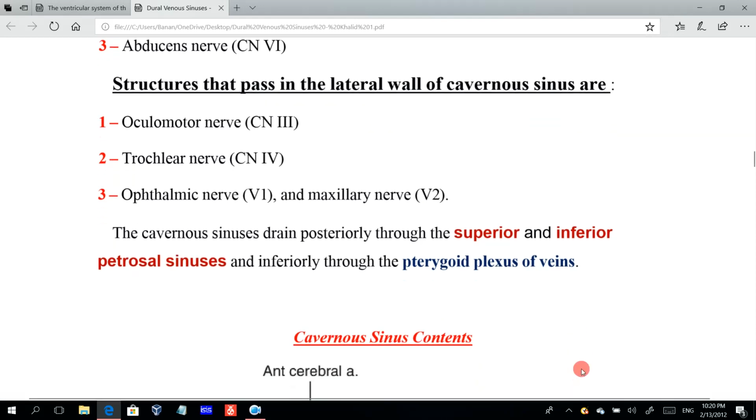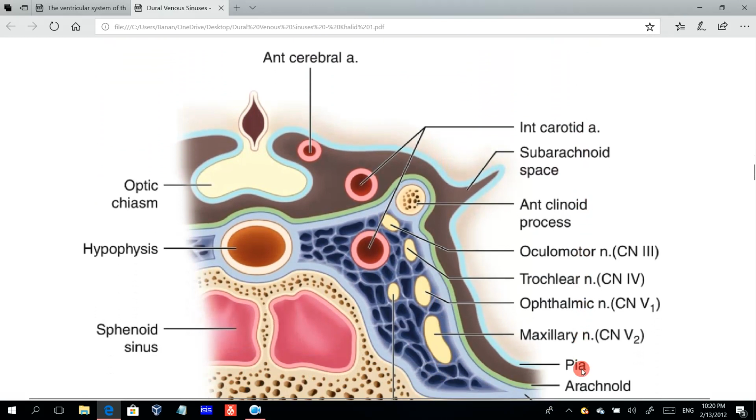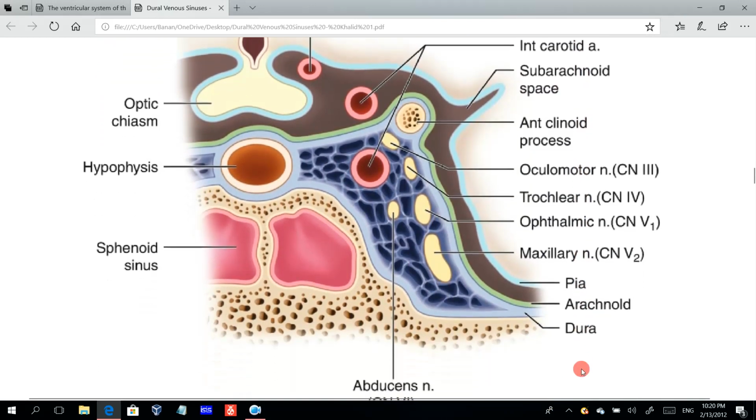So this picture will show you the cavernous sinus, what structures pass through it, and what structures pass through the lateral wall. Actually, this is the body of the sphenoid bone, and this is the sphenoid air sinus. Don't feel confused by these terms.